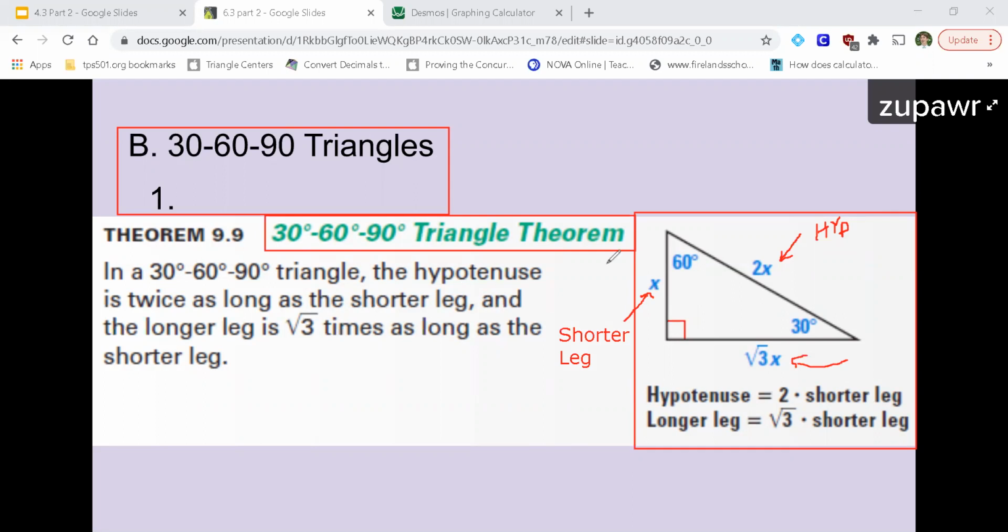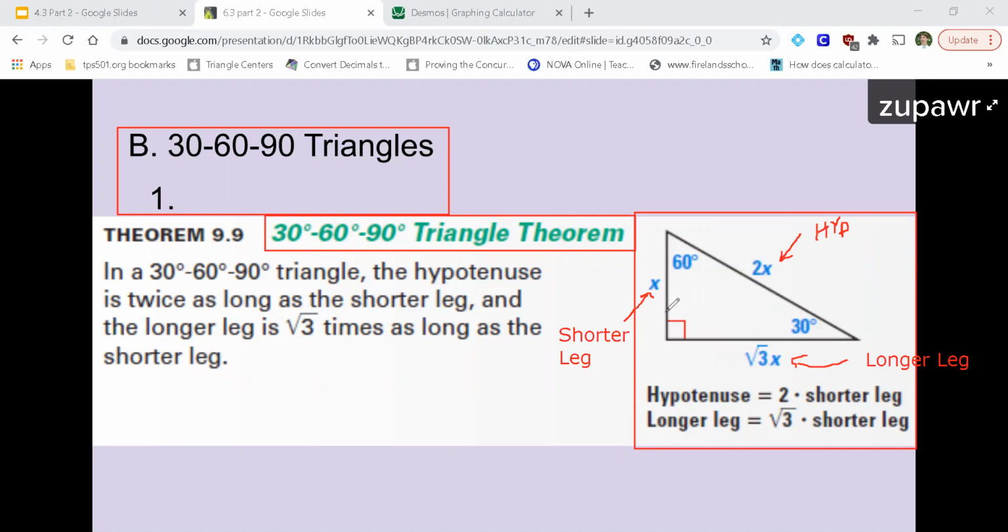And this is the longer leg. For 45, 45, 90 triangles, we didn't have to have two separate labels for the legs because they were both equal to each other. For this one, we do. And it's really important to keep straight why they are the way they are.